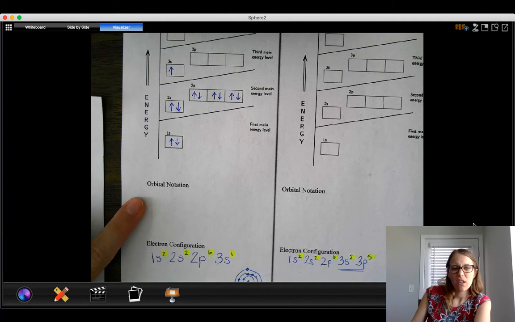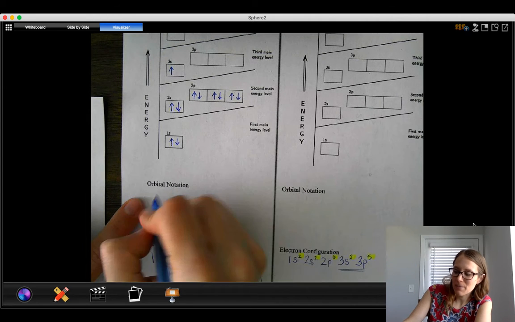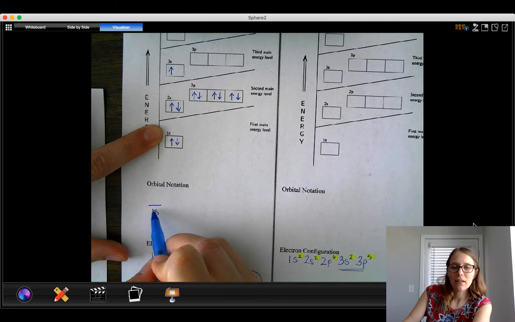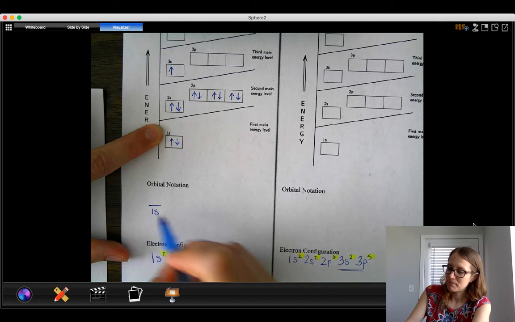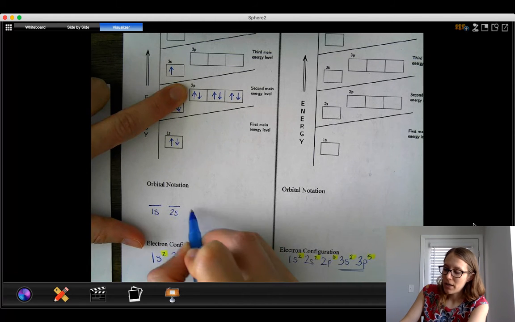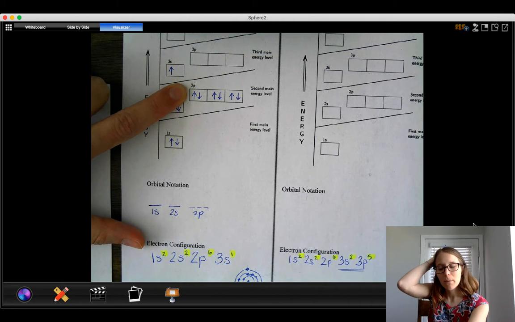Orbital notation is really the same thing. We just draw it left to right instead of up and down, which really just saves us space. So this 1s orbital, I would just draw it as a line instead of a box just to save time. 2s would go here. The 2p orbitals, I need to draw 3 of them because there's 3 2p orbitals.